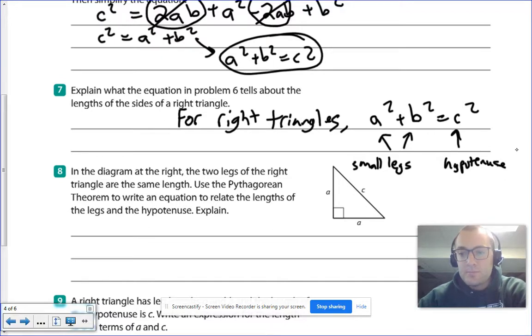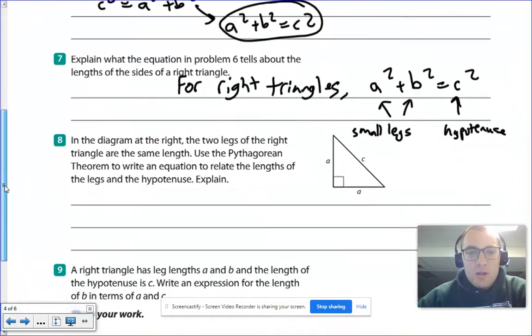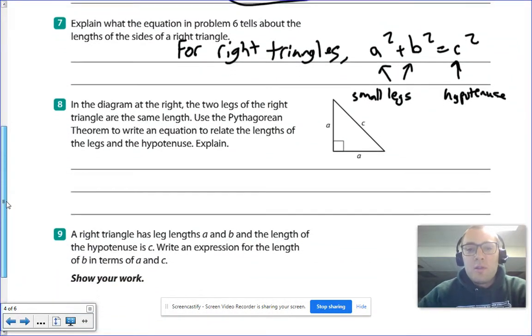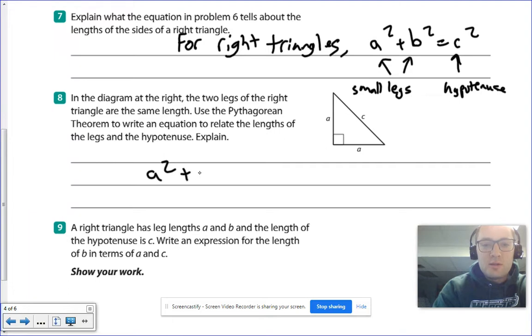All right, number 8. In the diagram at the right, the two legs of the right triangle are the same length. Use the Pythagorean theorem to write an equation to relate the lengths of the legs to the hypotenuse. Explain. So this one, it's still a squared plus b squared, but in this case, b is also the same as a.